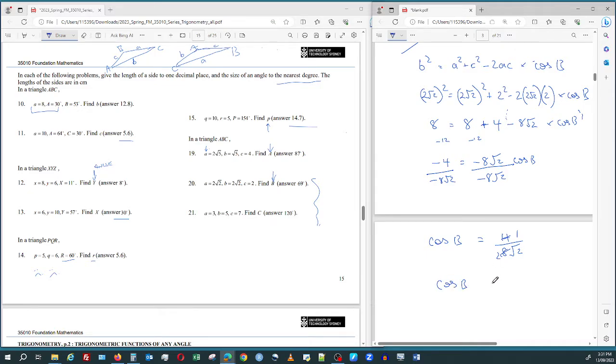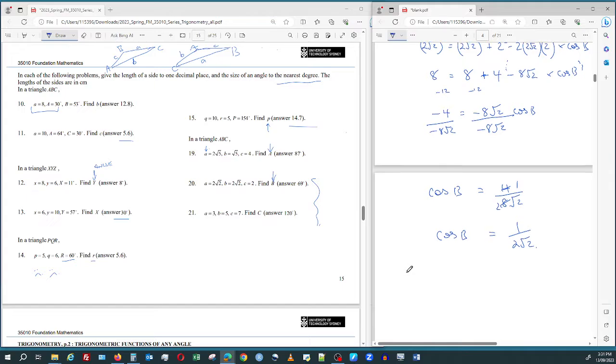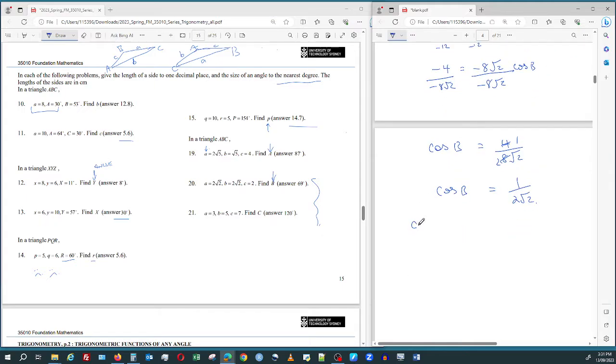So cos B is equal to 1 over 2 root 2. Alright, so we can take the inverse cos. What you do to one side, you do to the other. And so B will be equal to whatever that is.